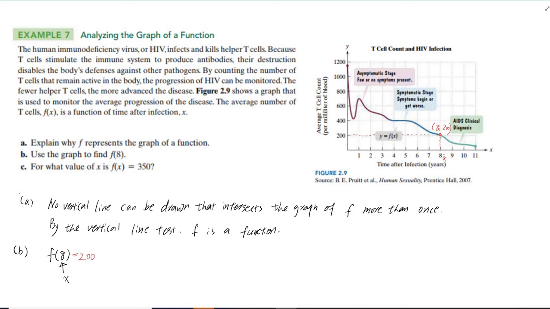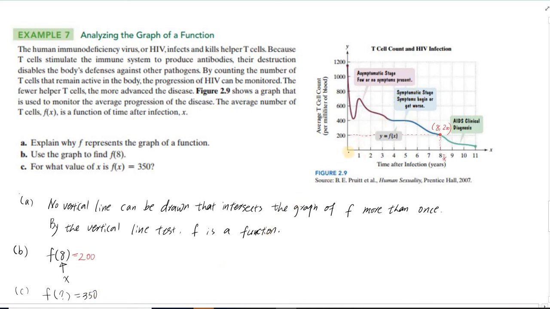Let's look at part C. For what value of x is f of x equal to 350? Okay, this time we want you to ask f of what value gives you a 350 output.